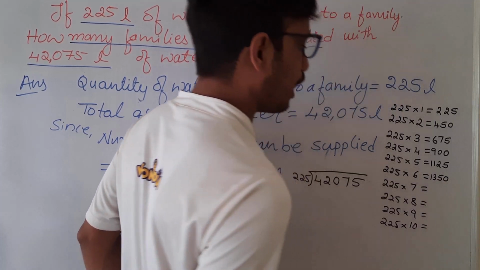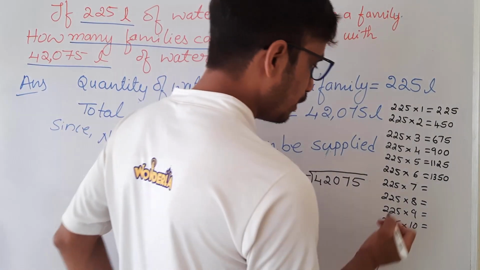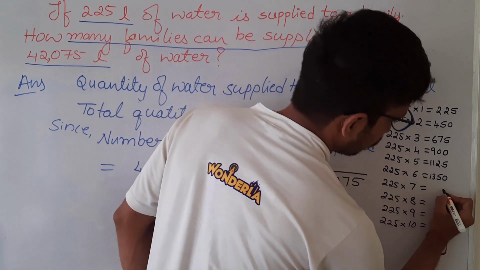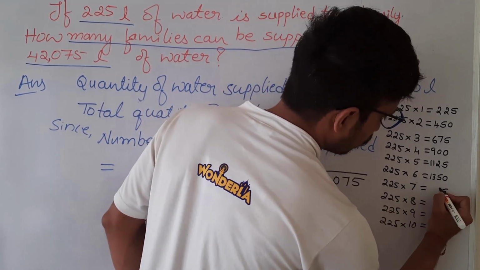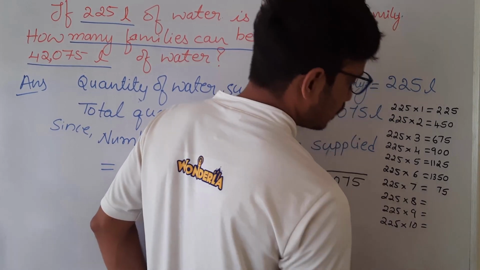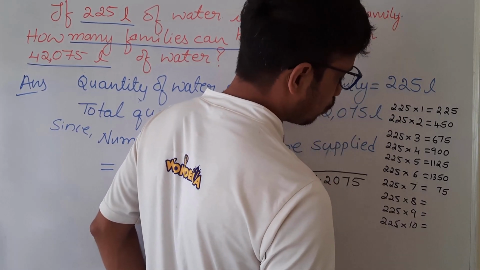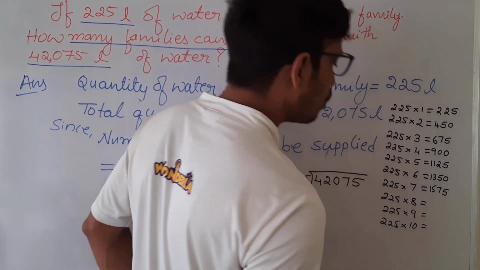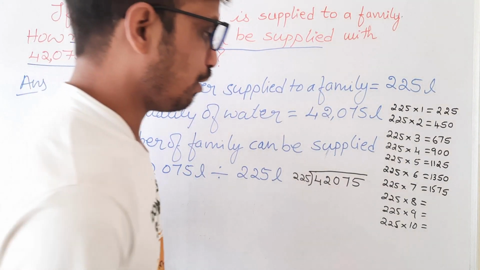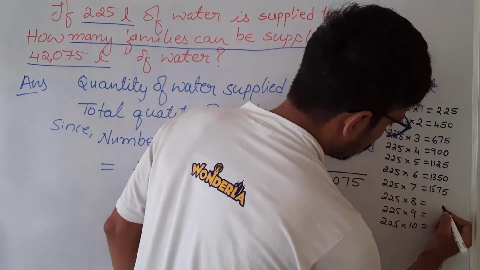We got product as 1350. 7 we will multiply. 7 into 5, 35, 3 carry. 7 into 2, 14, 14 plus 3, 17, 7 here, 1 carry. 7 into 2, 14, 14 plus 1, 15. We got the product as 1575.